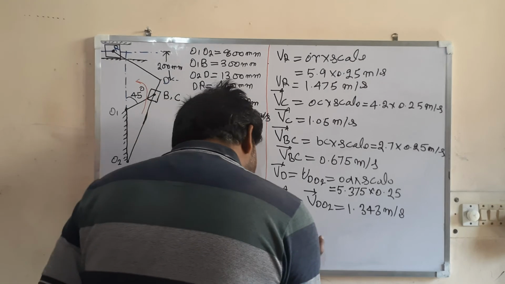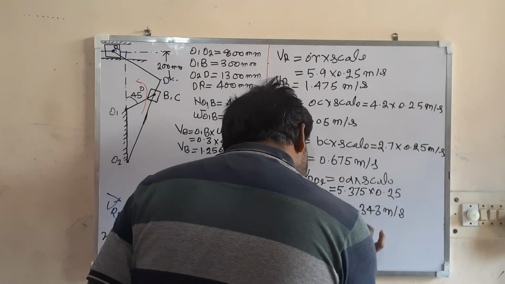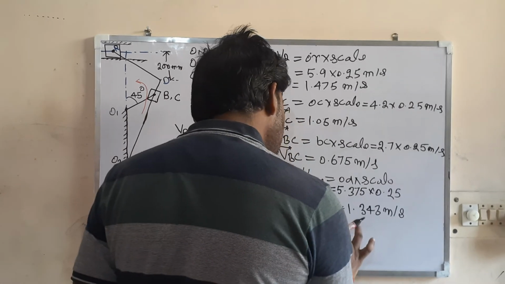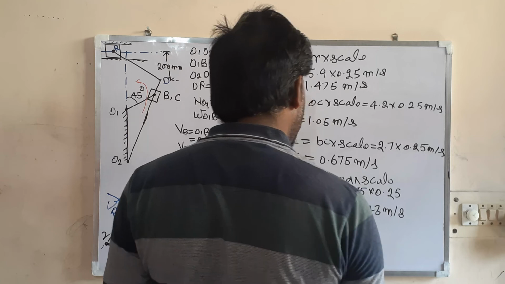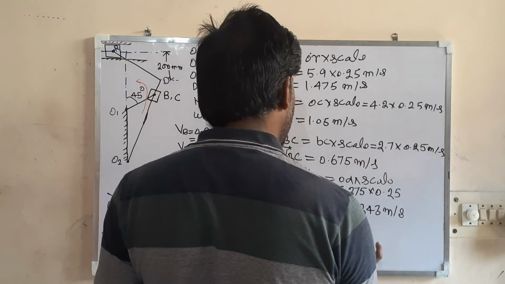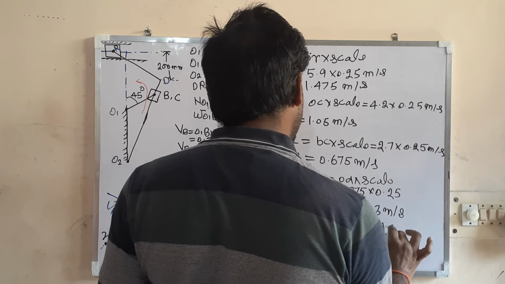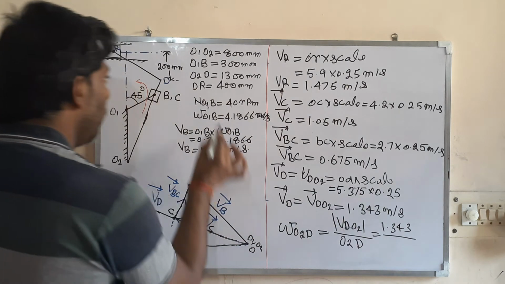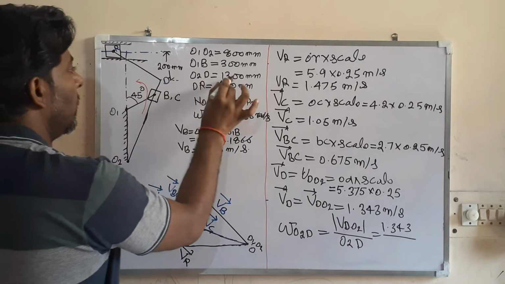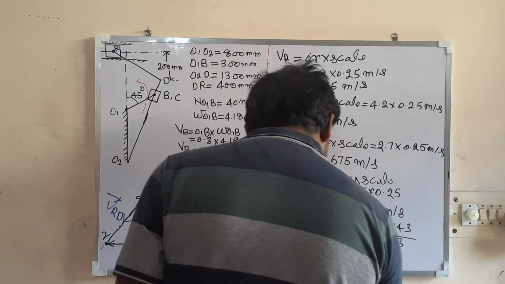Then what will be angular velocity of this link O2D is equal to velocity of point D with respect to O2, just you take the magnitude, divided by O2D. So this is 1.343 divided by O2D, and this O2D is equal to 1300 mm, so in meters it will be 1.3.